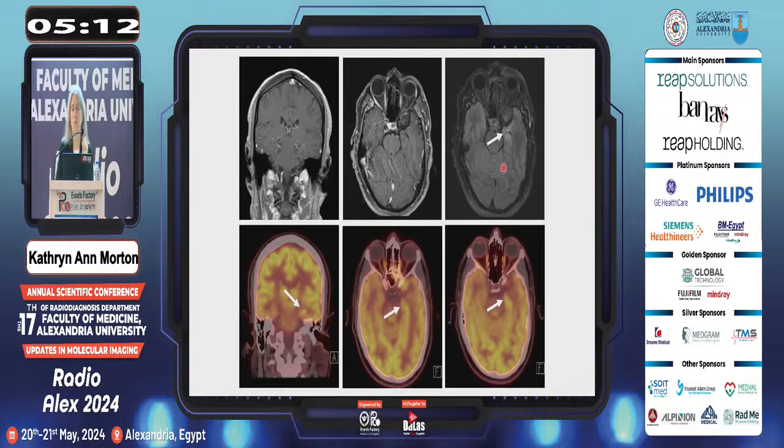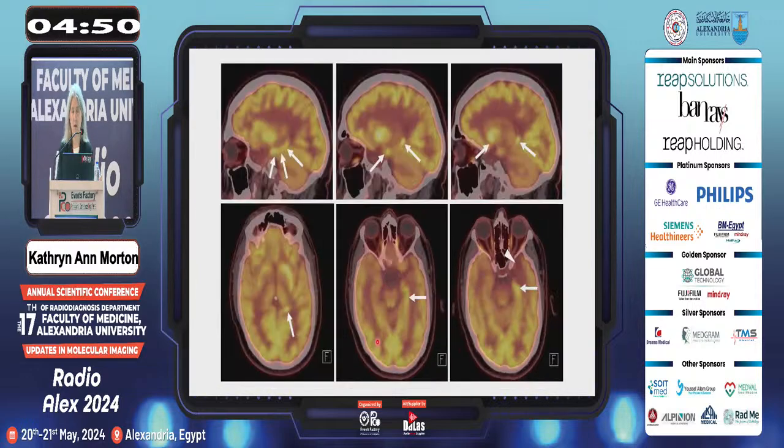This is a patient with limbic encephalitis. There is increased uptake in the hippocampus. You can see here on MR there was some enhancement within that area, and the activity will extend. You can see the hippocampus here on the left compared to the right side with increased uptake. This is a patient with anti-NMDAR encephalitis, and the entire hippocampus is involved.